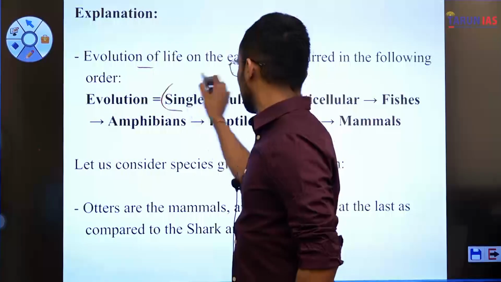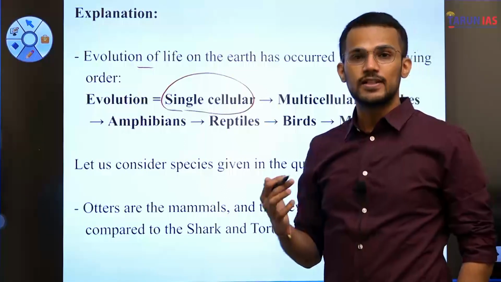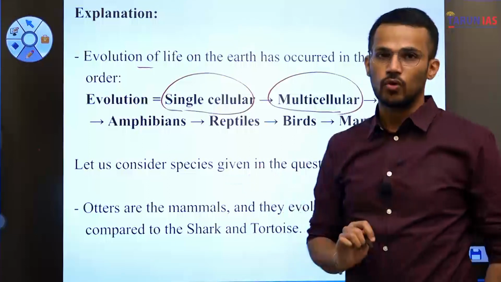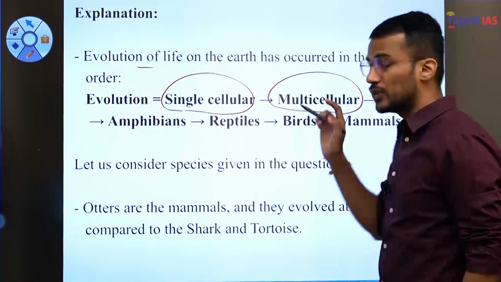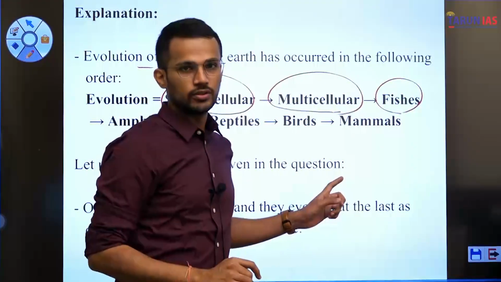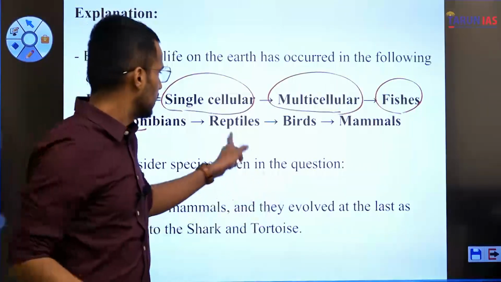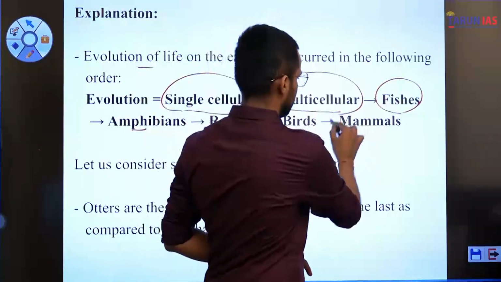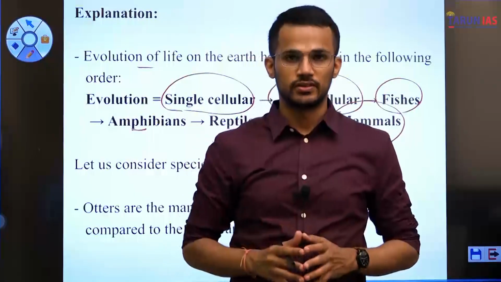Firstly, single cellular organisms evolved. After them, multicellular organisms evolved. After multicellular organisms, it was fishes in the aquatic ecosystem that evolved. After fishes, it was amphibians, then reptiles, then birds, and finally mammals evolved on the face of the earth.